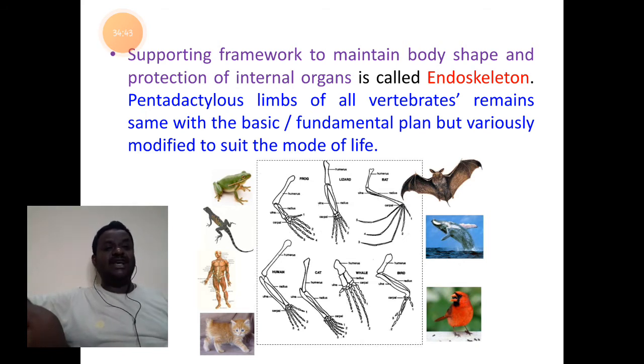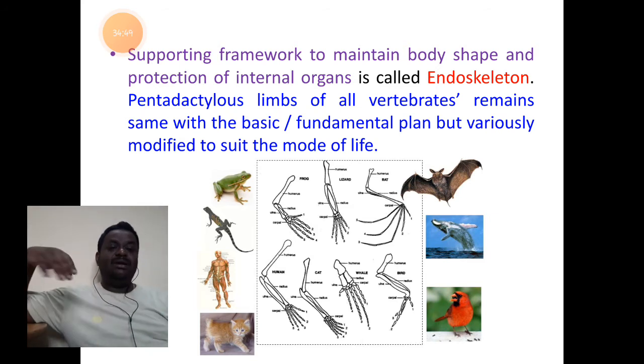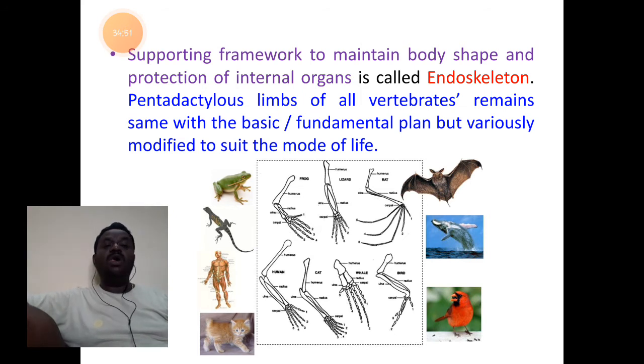This endoskeleton generally shows, at its forelimb portion, the front limbs, pentadactylous limbs in all vertebrates commonly. So it remains the same with the basic structure or fundamental plan.